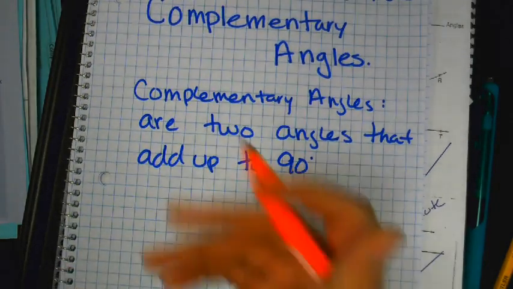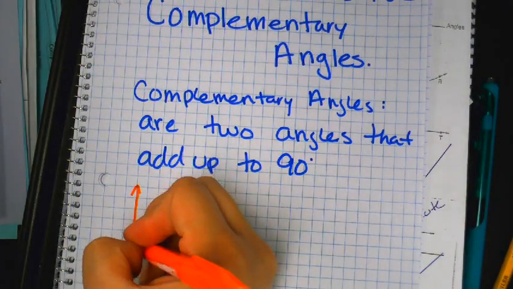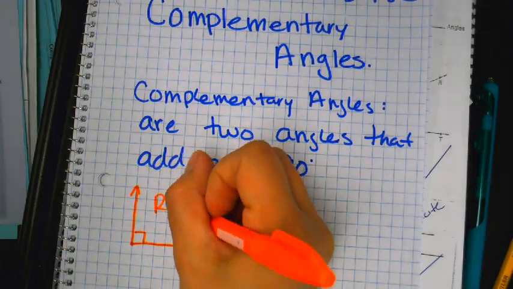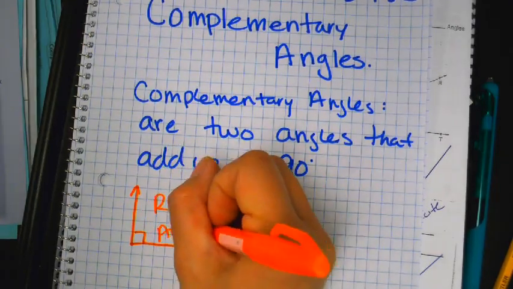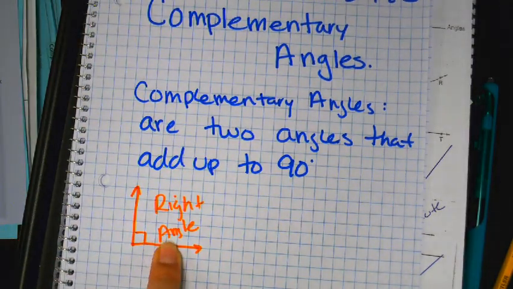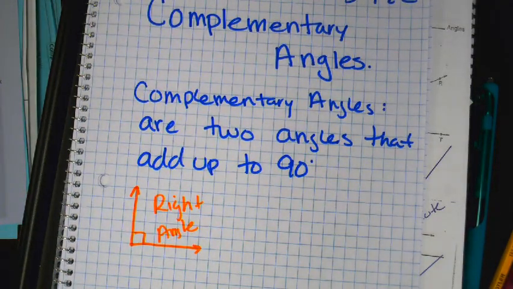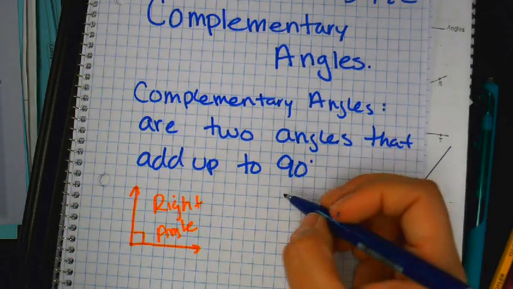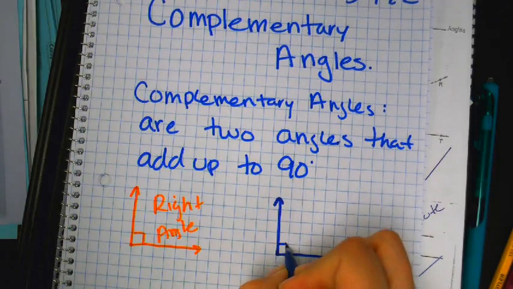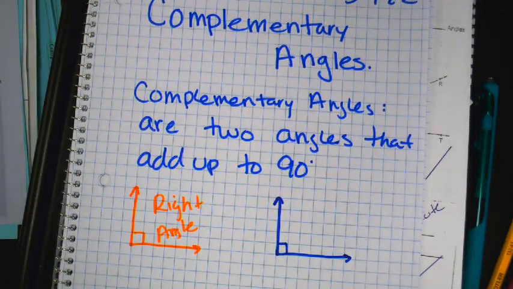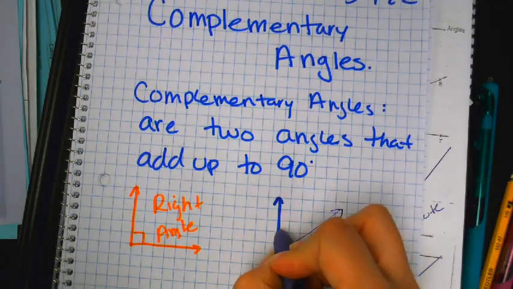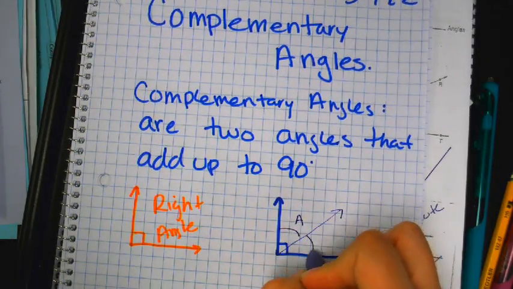So this is what a right angle looks like. A right angle, one angle is called a right angle. But when I have a 90 degree, and it says it's 90 degrees because of that, and this one is sliced into two angles, so we have angle A and we have angle B here.